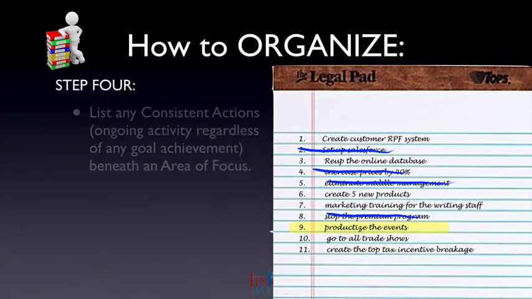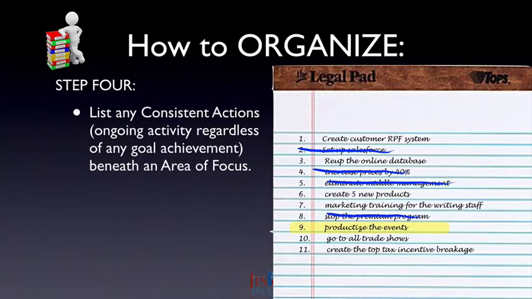Next, step 4, list any consistent actions beneath an area of focus, where they would belong. Now, what I mean by consistent actions, just so I'm clear, this means ongoing activity regardless of any goal achievement. Sometimes you'll have actions that only or solely support the achievement of a goal.